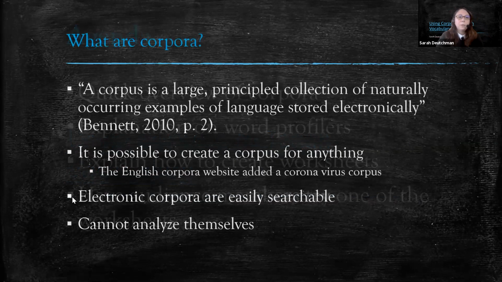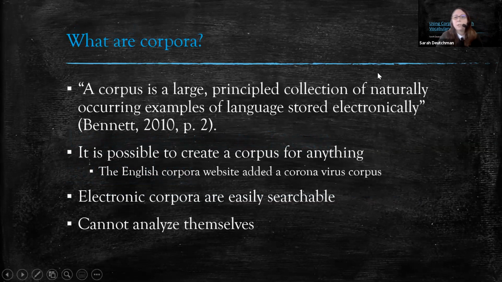Okay, so first, what are corpora? It's largely just a big amount of naturally occurring examples of language. And the importance is that it's naturally occurring, right? And it's possible to create a corpus of anything, to be honest. You could create a Harry Potter corpus, there's a coronavirus corpus, there's one that's updated pretty much all the time, the Now corpus.